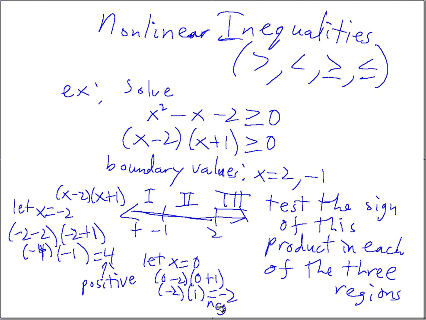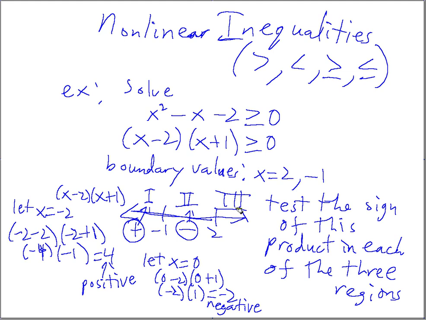So negative. All right. So for the second region, for the numbers between -1 and 2, if I pick any number between -1 and 2, and I plug it into this product or into this left-hand side, I'm going to get a negative number out of it. Does that make sense? Right. So put a minus in the middle. So we have a plus for region 1 and a minus for region 2.